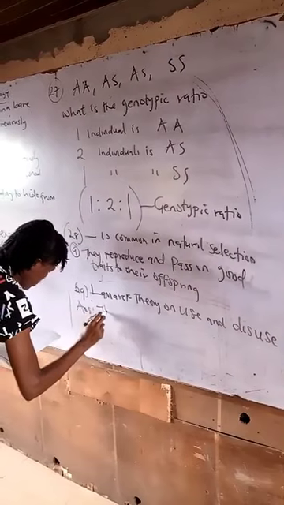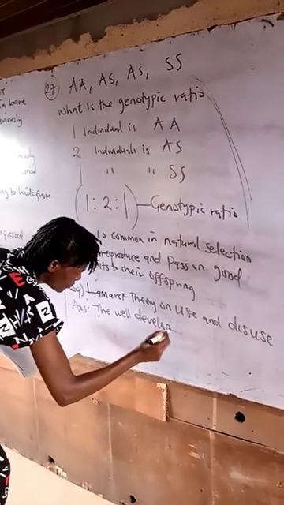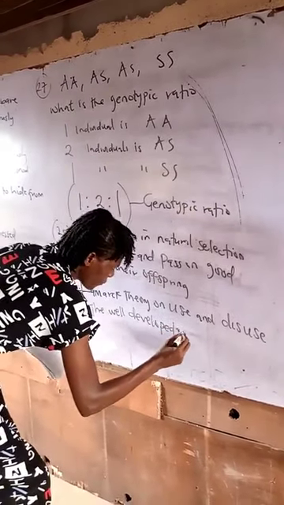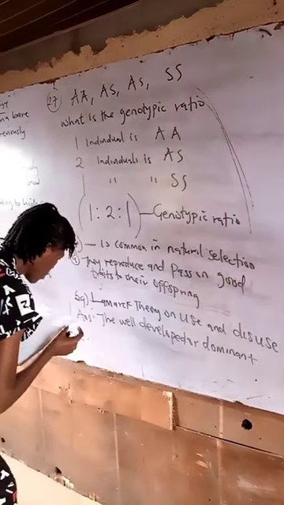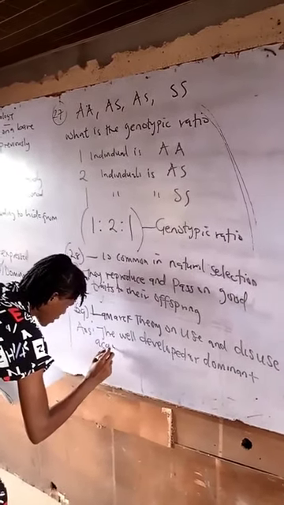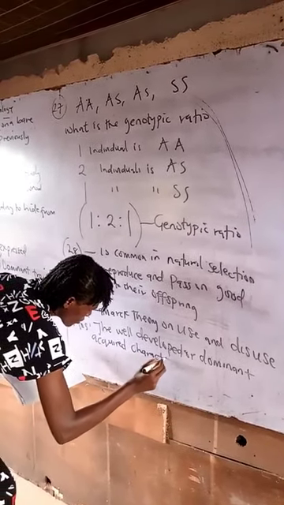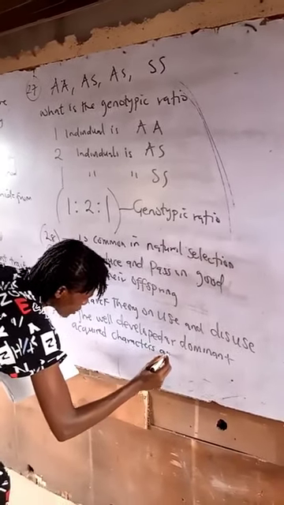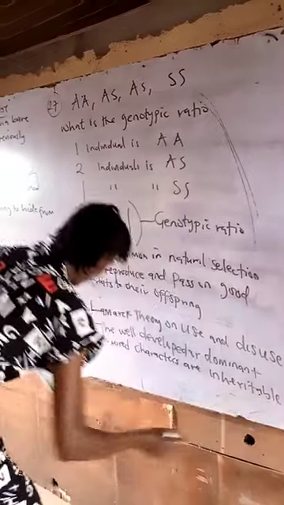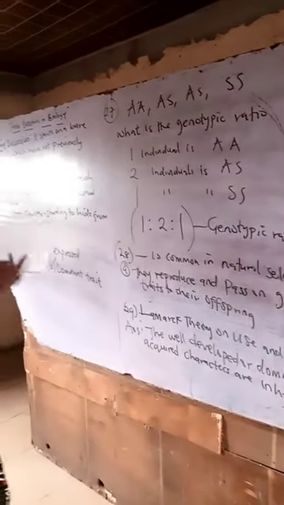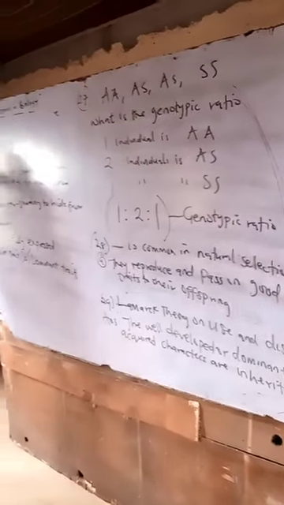So he said, the well-developed or dominant acquired characters are what? Inheritable. Okay, are inheritable.